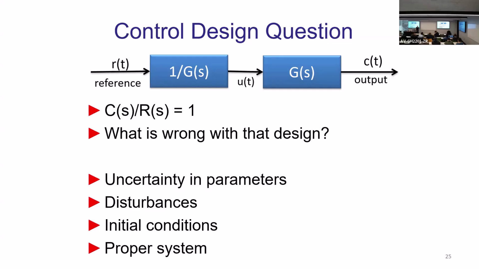So you can only approximate it somehow by adding additional poles here and there. They will be pretty fast, far to the left, but it will be only an approximation of 1 divided by G. You cannot implement the physical 1 divided by G. It's not a proper system because typically you have more poles than zeros in G. When you're inverting it, you have more zeros than poles.